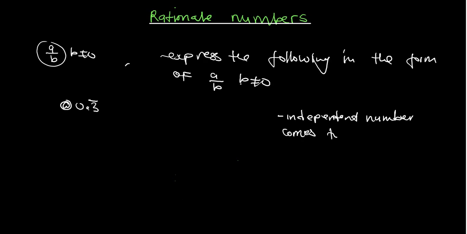Let's say we have 6.156 bar. So the traced number is now 56. That's a repeating number.